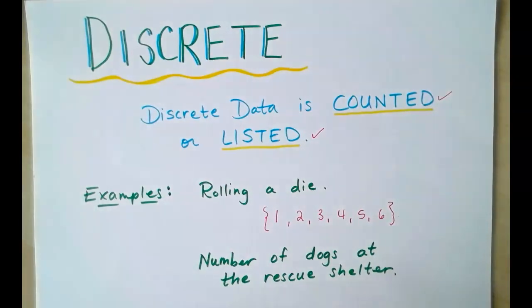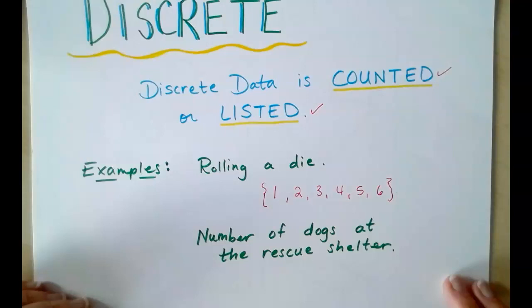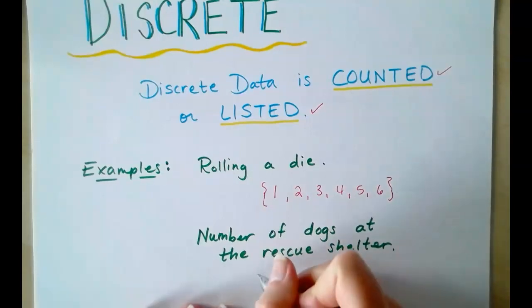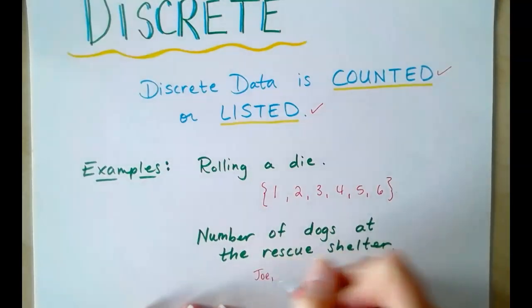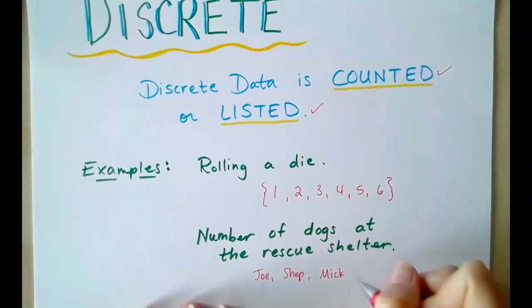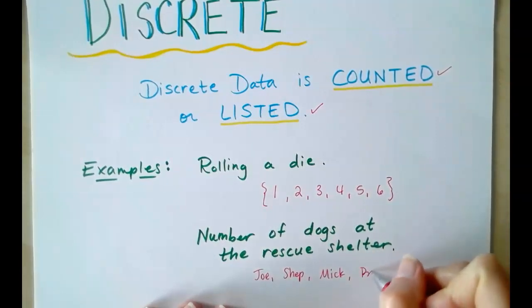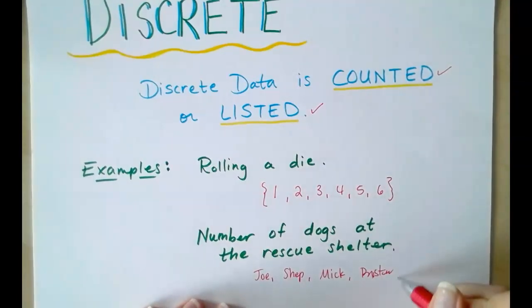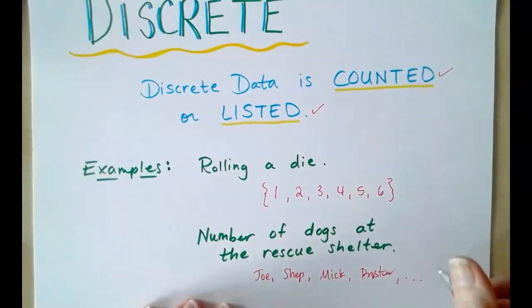Another example would be the number of dogs at a rescue shelter. If we were going to actually go to the rescue shelter and count the dogs, let's say that there are dogs, the dog named Joe, the dog named Shep, the dog named Mick, the dog named Buster, and so forth, all the way through, we'll say, the dog named Zach.